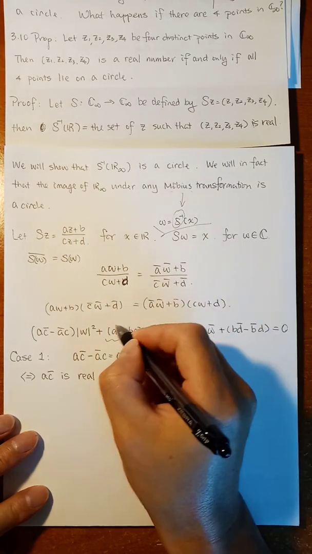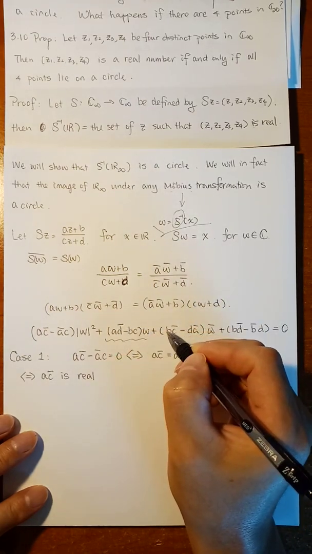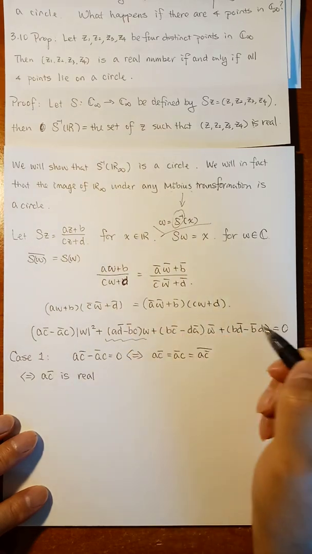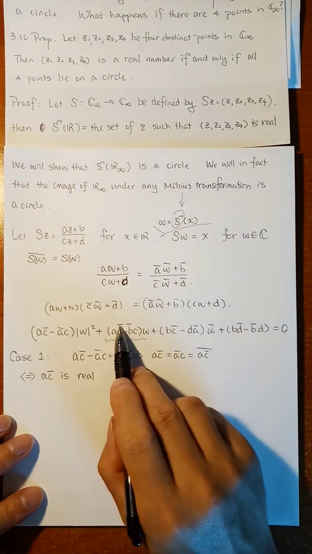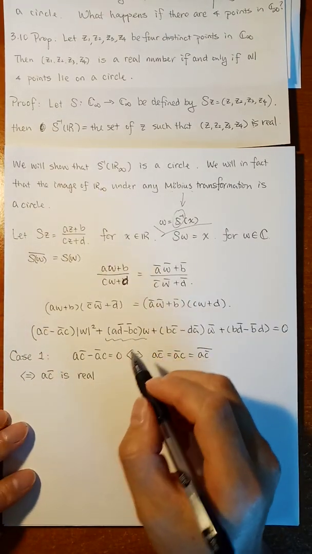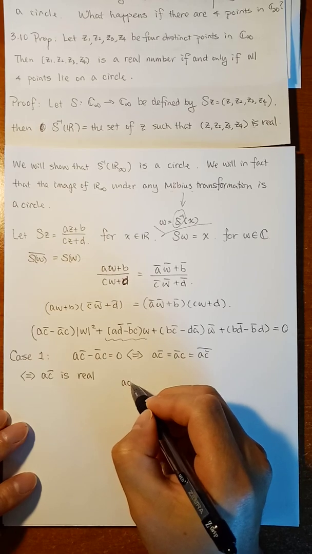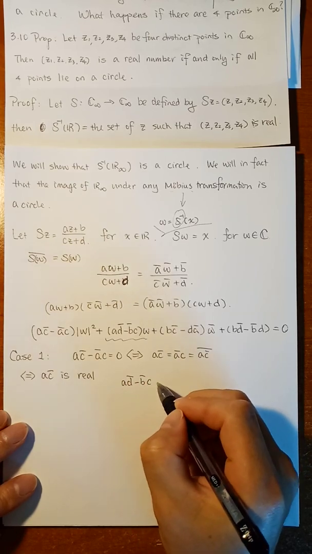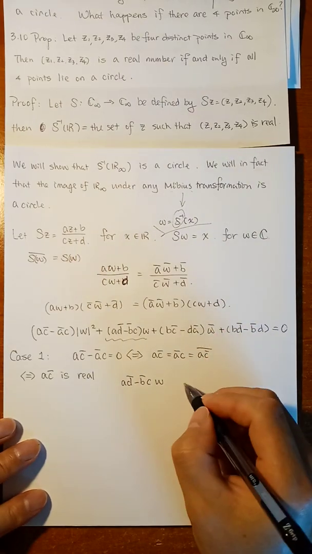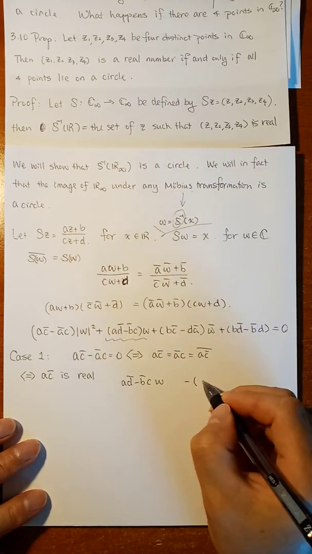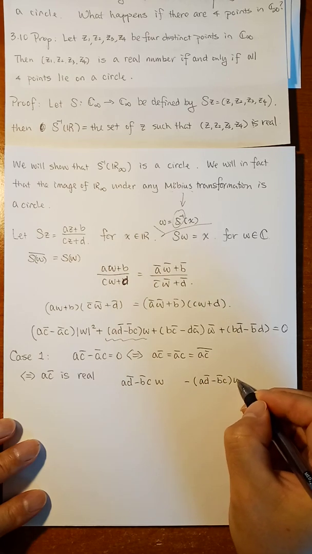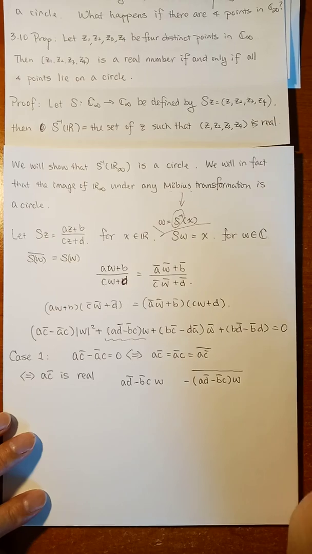I think here we need A bar, B bar D. Yes, sorry, I missed a bar: AD bar, B bar C. Now, if you check this AD bar minus B bar C times W, then the second term is actually the negative of AD bar minus B bar C times W conjugate.